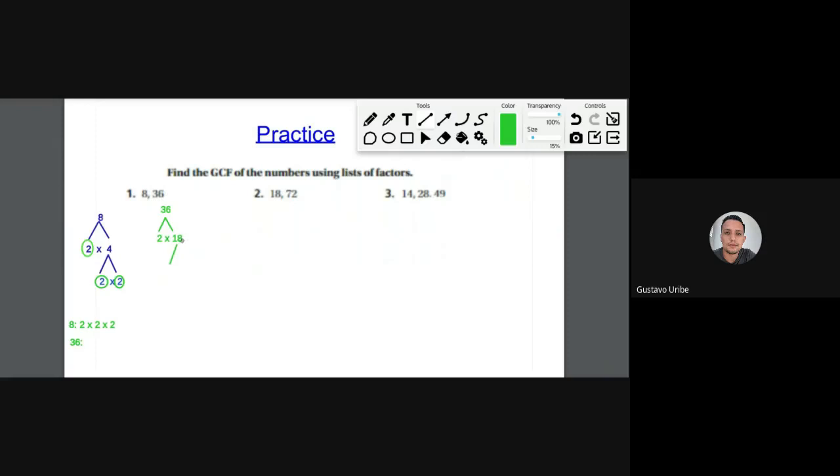Now 2 is already prime, so we'll circle that in a bit. Here I have 2 by 9. And then I have, to finish off my list, 3 and 3.